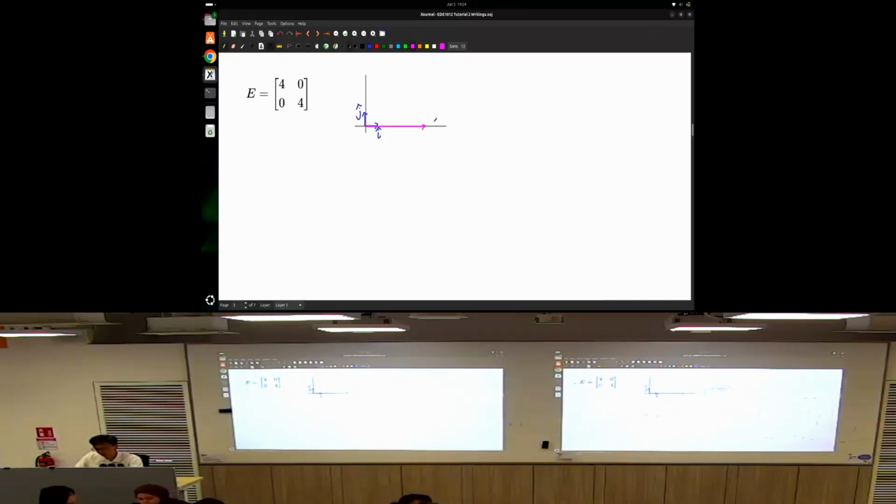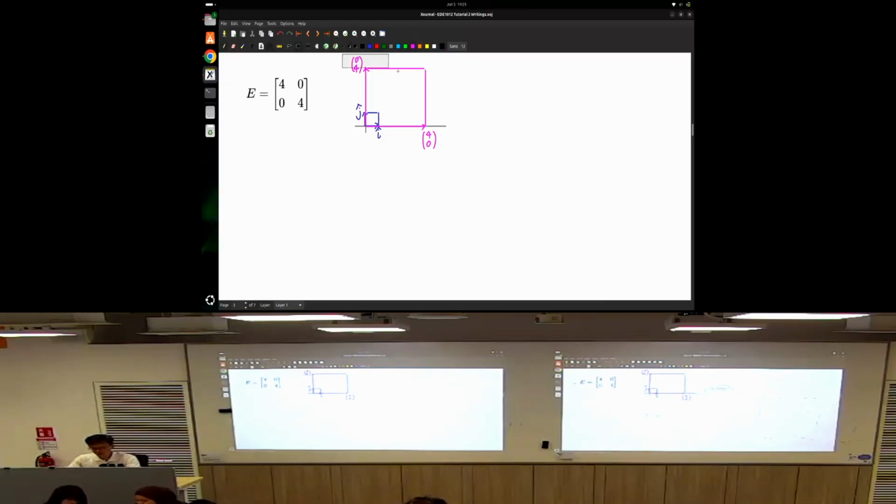So this guy is 4, 0, and this happens to the j vector as well. So this guy will be 0, 4. Therefore the original vector space, which is this unit square here, has been scaled up 16 times in area. But the lengths are scaled up 4 times each.